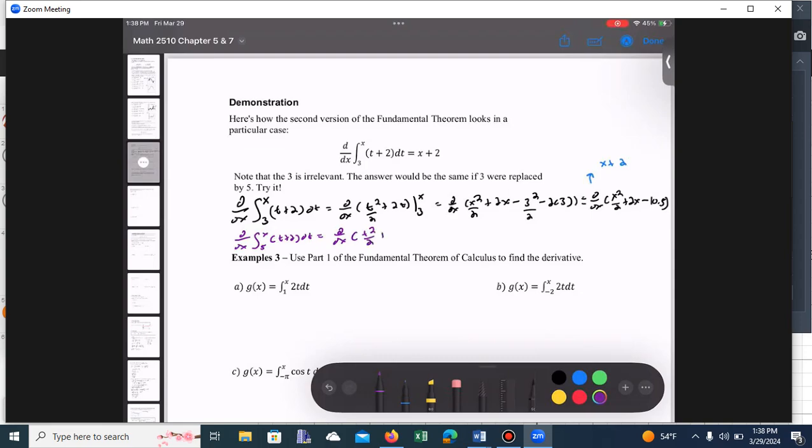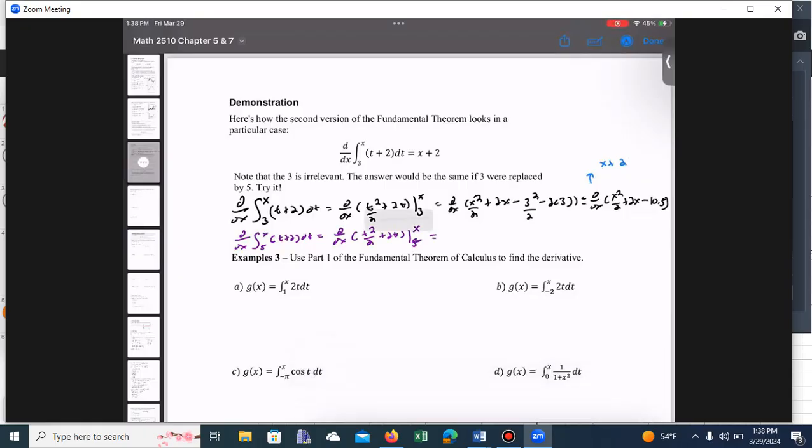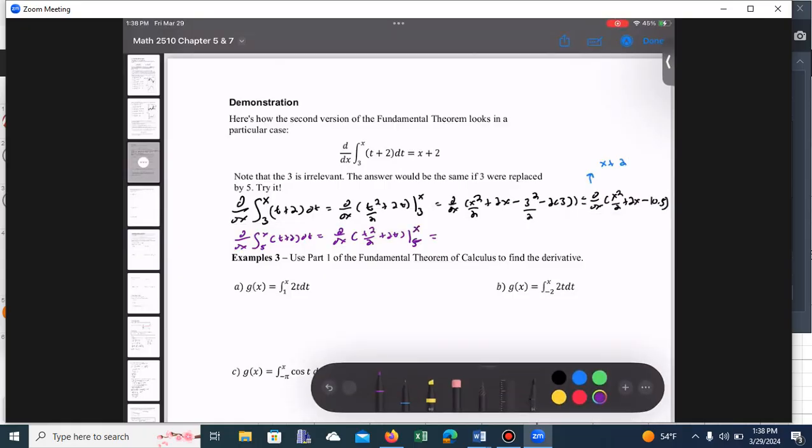Notice that it stays the same. Changing that to a 5, that won't change that. We do the limits of d dx of x squared over 2 plus 2x. That still stays the same. Minus 5 squared over 2 minus 2 times 5.